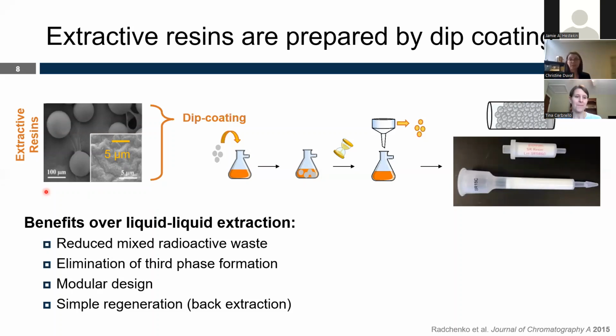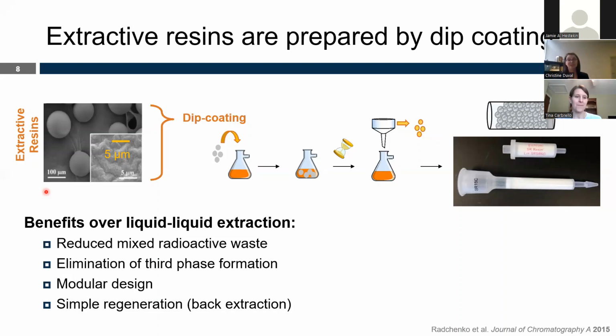It solved a lot of problems associated with solvent extraction. For example, we have reduced mixed radioactive hazardous waste because we don't have gallons of kerosene to handle anymore. We also eliminated some of the issues that come with liquid-liquid extraction, where you form a third phase between your aqueous and your organic phase. Forming that usually limits mass transport and makes your separation more difficult over time.